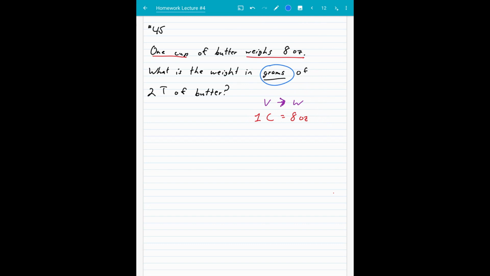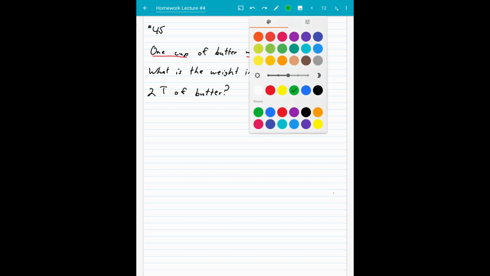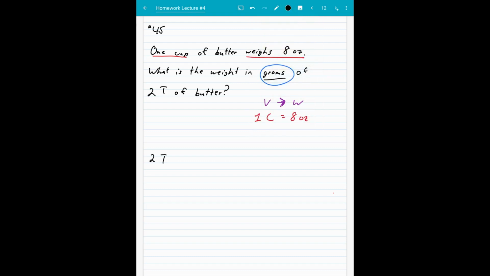What we always do with all of these problems is start off with what's given to us first. What number is given to us? The number that's given to us is right here, 2 tablespoons. So we're going to start out with 2 tablespoons. Remember, this right here is just a conversion. It's not necessarily a number. So currently we have 2 tablespoons.